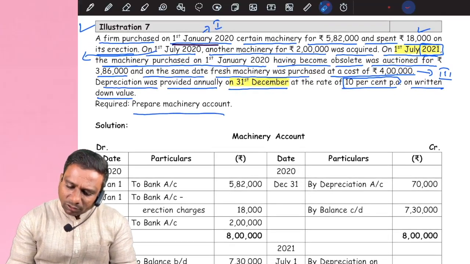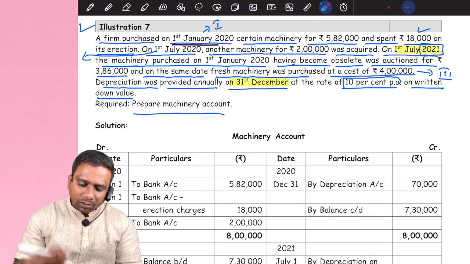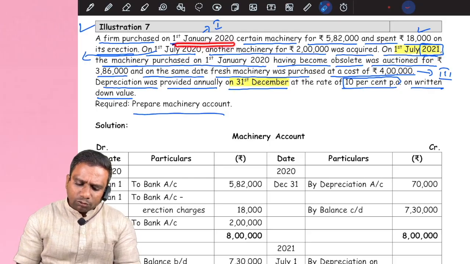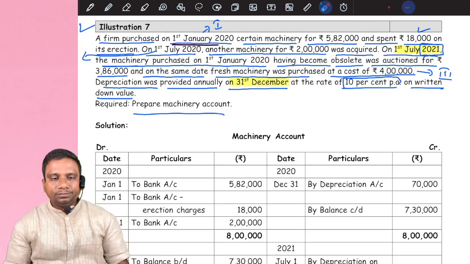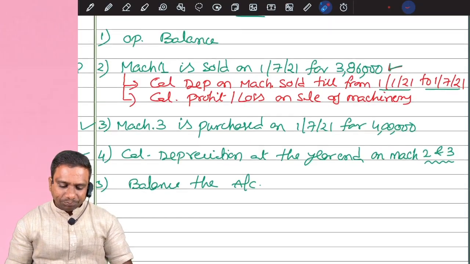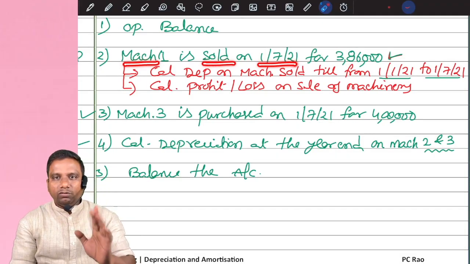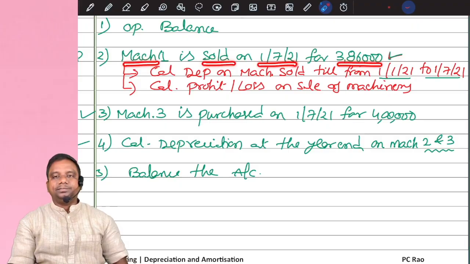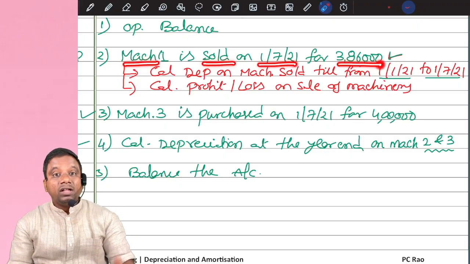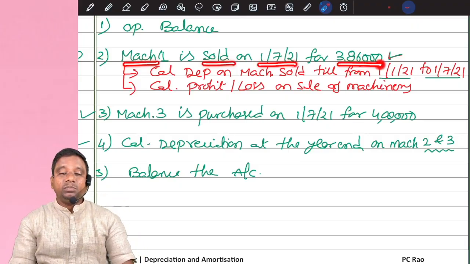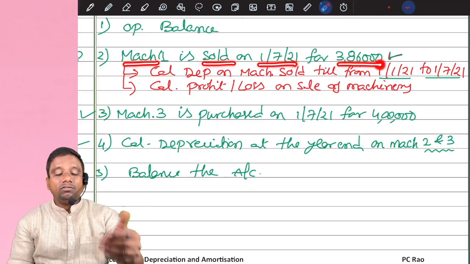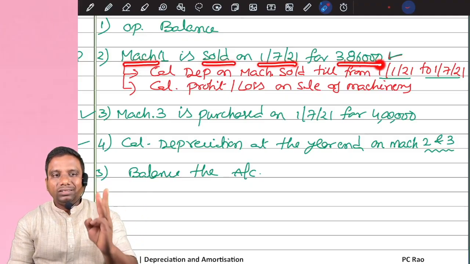So 2021, on 1st July 2021, the machinery purchased on 1st January 2020, we sold, sir. Means, to put it simply, machinery 1 is sold on 1/7/2021 for 3,86,000. This is one transaction. Whenever we sell a machine, I repeat, whenever we sell a machine, we need to account for three things.